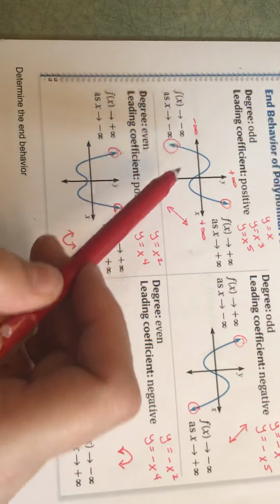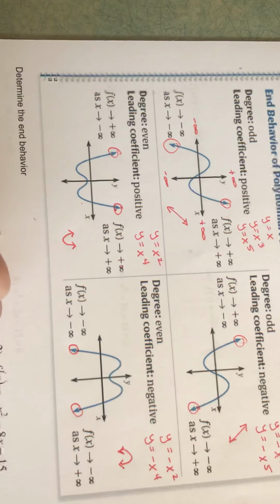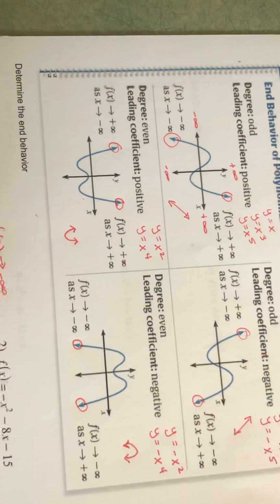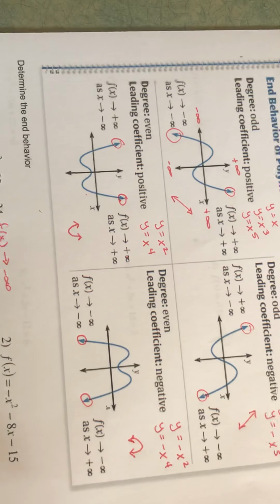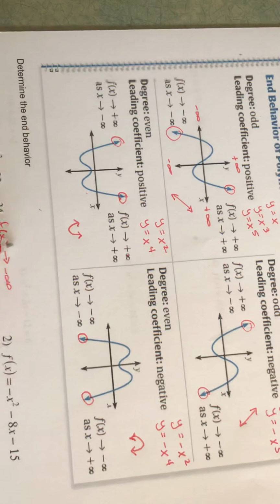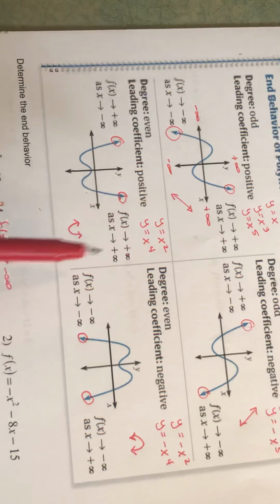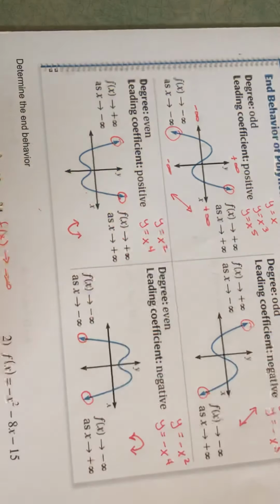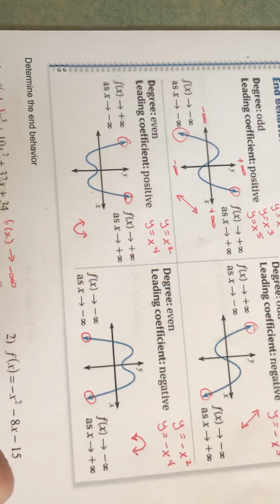So my end behavior is: f of x approaches negative infinity as x approaches negative infinity, and f of x approaches positive infinity as x approaches positive infinity. This first half is just looking at one end, and the second half is looking at the other end. So we're just describing the two ends of the graph.